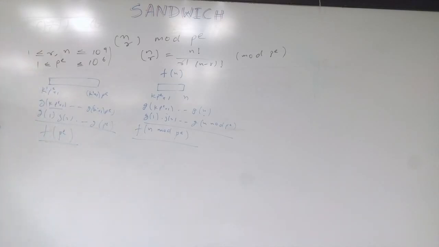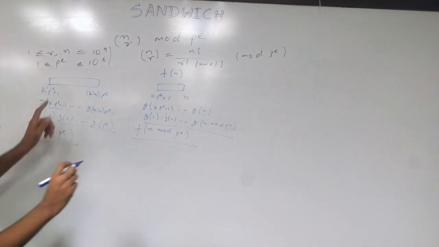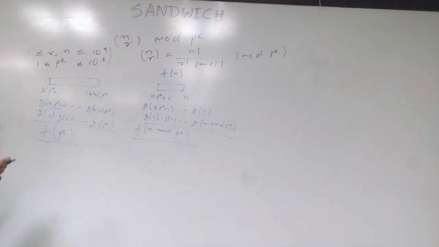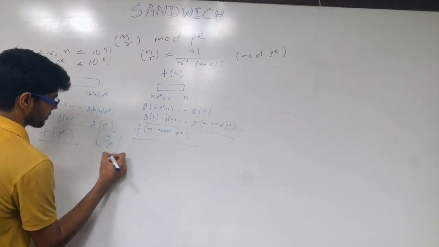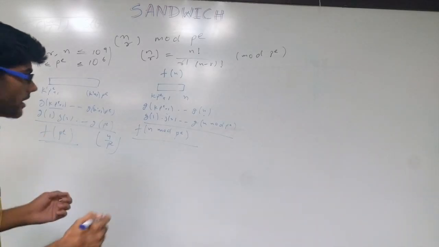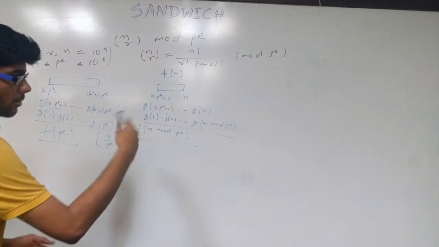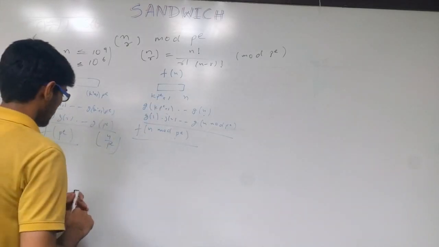Overall, how many blocks of size p^e are there here? There are n divided by p^e such blocks, because we are dividing n into blocks. And the last block has size n mod p^e.